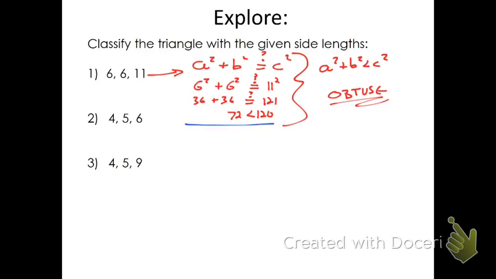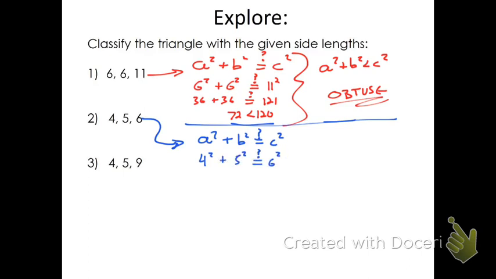Now, I'm running out of room, but I'm going to separate it, and we're going to do the second question here. We have a squared plus b squared, and we're trying to compare it to c squared. We have 4 squared plus 5 squared, and we're saying, how does that compare to 6 squared? Let's do the math.